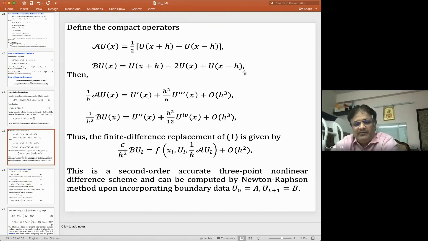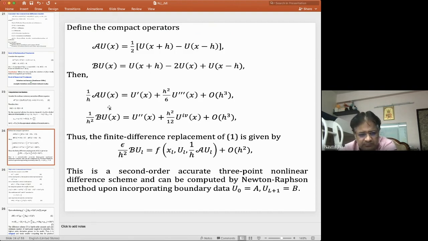Therefore we have configured another operator, another symbols. So with this definition, if I expand it with the help of Taylor series, 1 by h operator A u is coming out to be u first derivative plus order h square, and 1 by h square B u is coming out to be u second derivative plus order h square.